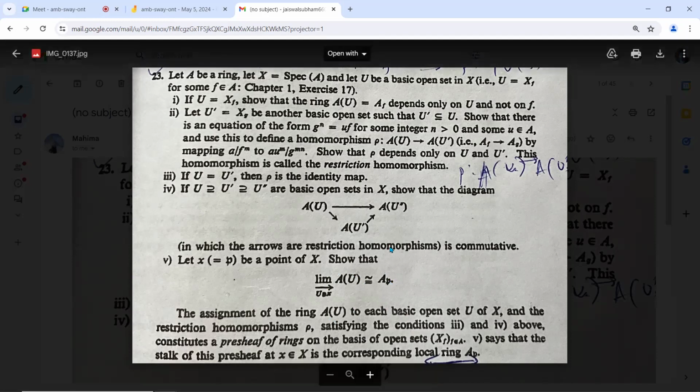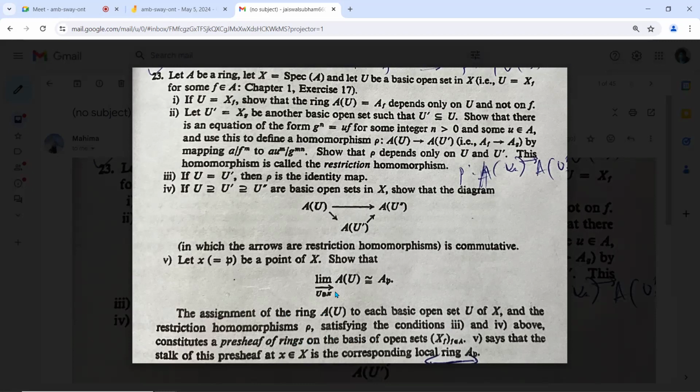So this assignment is called a pre-sheaf of rings, because to every open set we are assigning a ring. So it's a pre-sheaf of rings, and on the basis of open sets, this says that the stalk of this pre-sheaf is the local ring A_p.